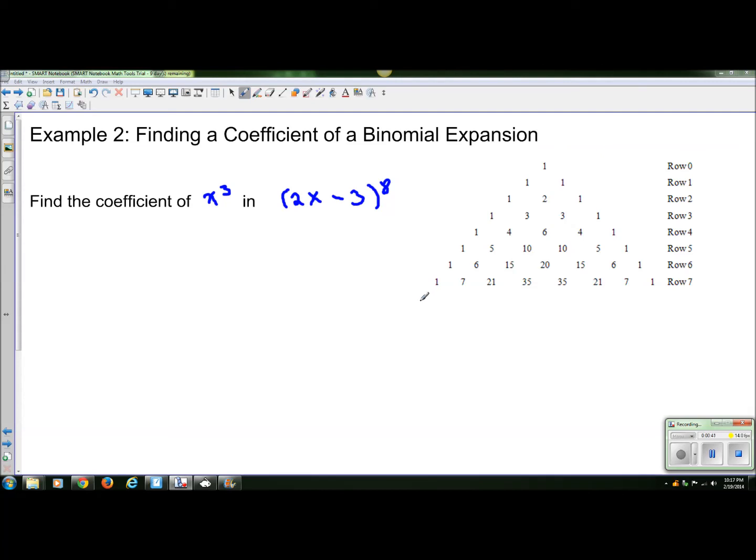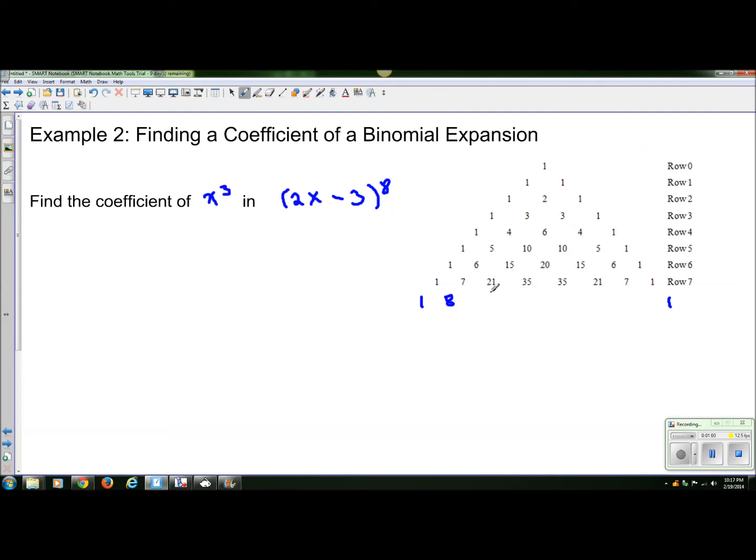We know how to do it. We know that our outside number is 1, and that we sum the numbers immediately above our next entry. So, in other words, this entry is going to be 8, because above it we have a 1 and a 7, and those add up to 8.